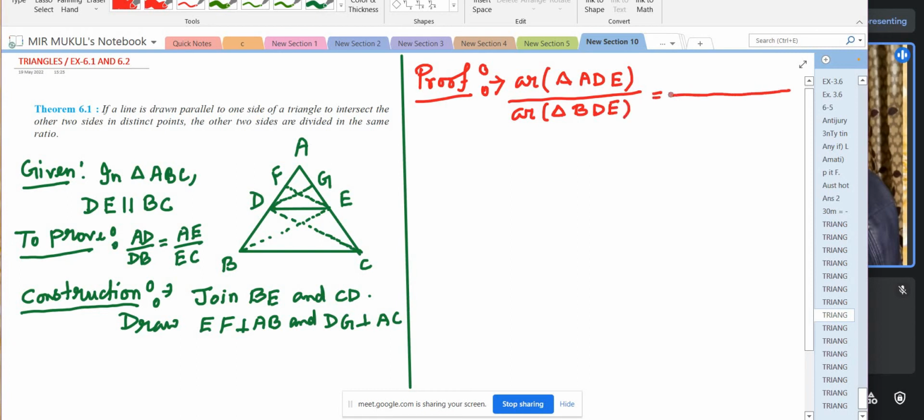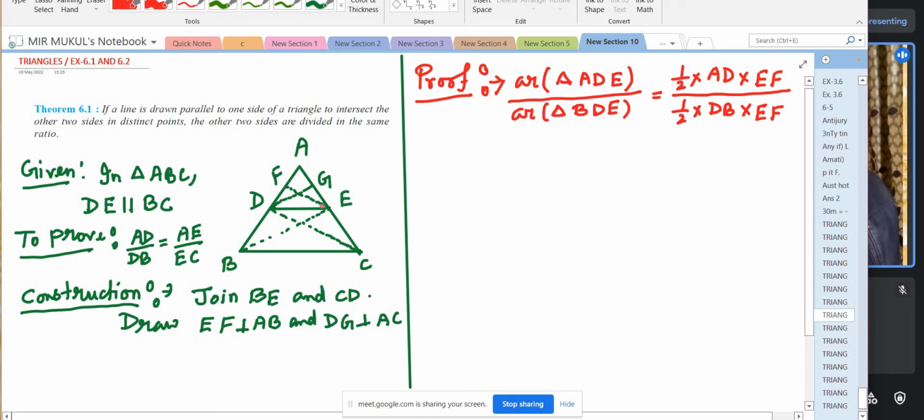We know that the area of a triangle is half base into height. So in the case of triangle ADE, half, base will be AD and perpendicular will be EF. And in the case of BDE, half DB into EF.